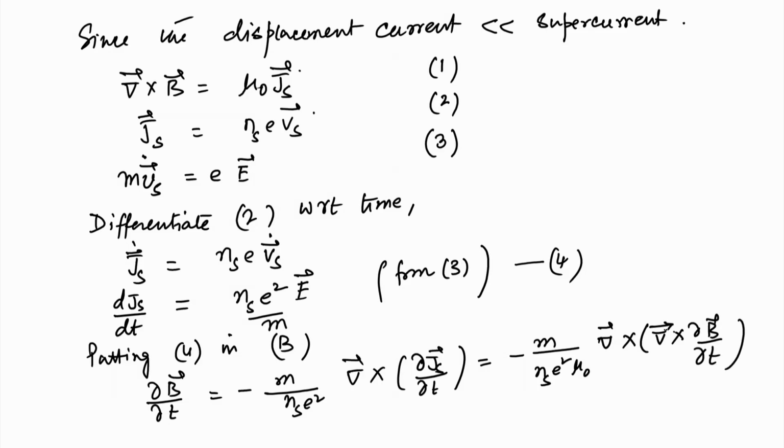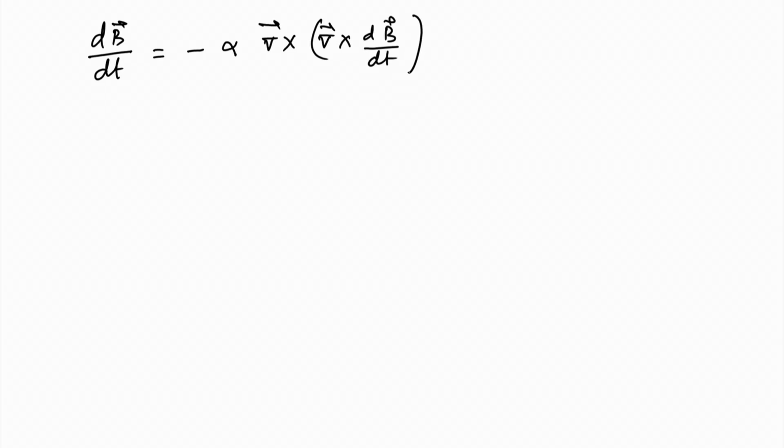So, that is curl and curl of this, and hence what we have is that dB/dt, now I can write it as a complete differential, is equal to minus alpha times curl of dB/dt. So, this is the equation for dB/dt, and alpha is given by m divided by mu naught N_s e square.